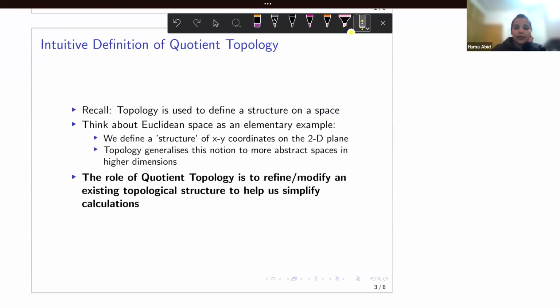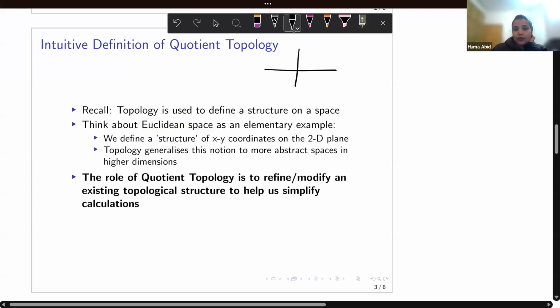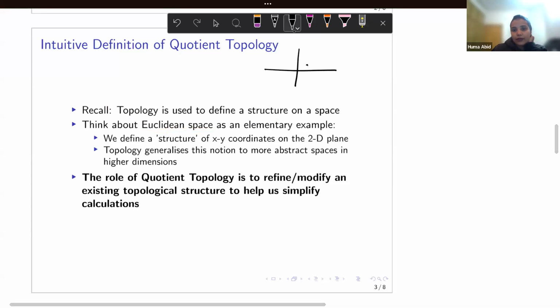What do I mean by this? If you recall from your high school mathematics, we study Euclidean space a lot, right? The XY plane, a two-dimensional plane, and then you define some sort of coordinate system on it so that each point has an address, and then you can find connections between the points, and distances between them. You can draw graphs on them and solve simultaneous equations on them and whatnot.